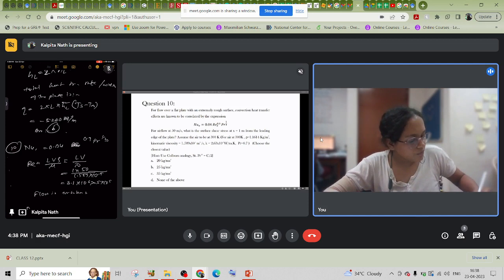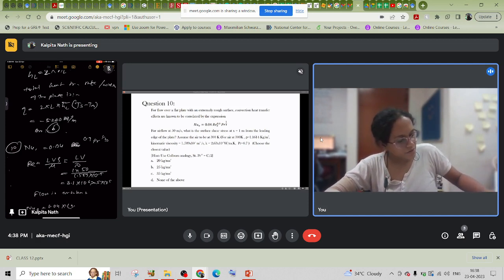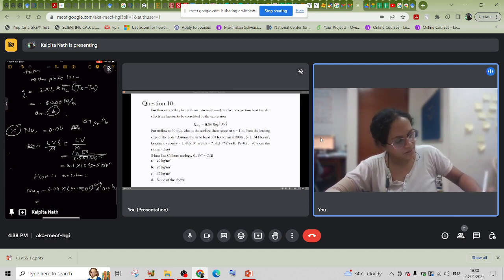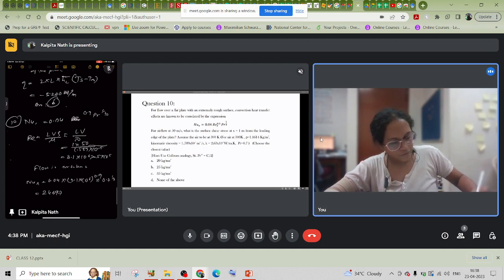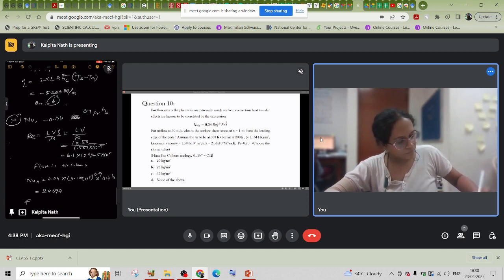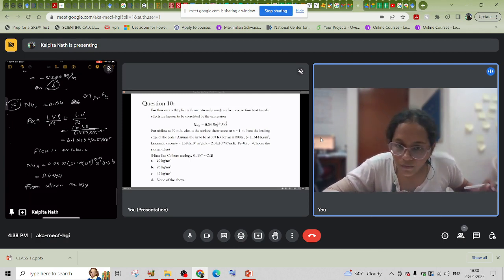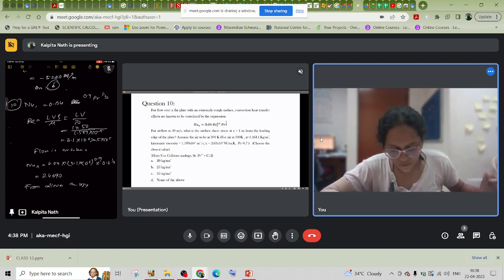So the Nusselt number gives 0.04 into 3.1 into 10 to the power 6, Reynolds number to the power 0.9, into 0.7 to the power 1/3, which is equal to 24697. From the Colburn analogy, it is already given that Stanton number into Prandtl number to the power 2/3 is equal to Cf by 2.